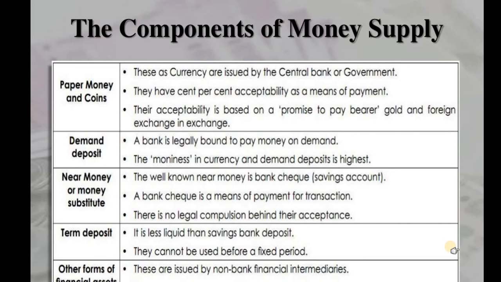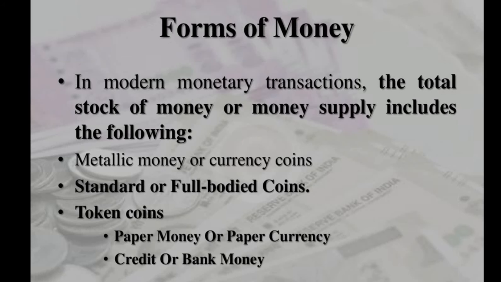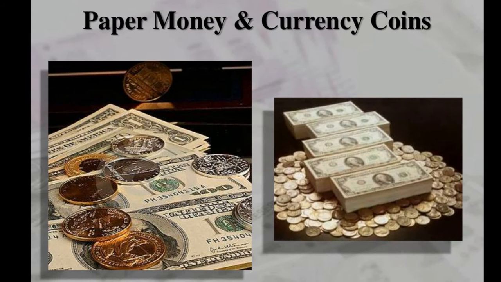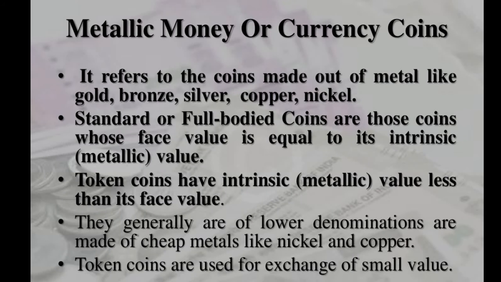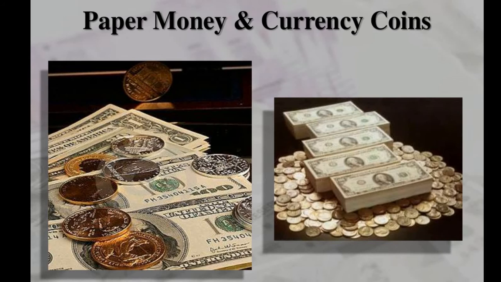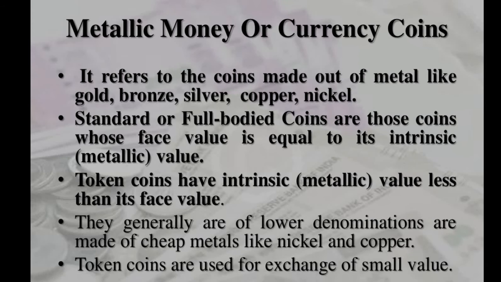Then other forms are non-bank financial intermediaries. They are as liquid as bank deposits. Then other forms of money: we know coins are there, currencies are there. These are the paper money and currency coins. Then we know token coins have intrinsic metallic value less than their face value.